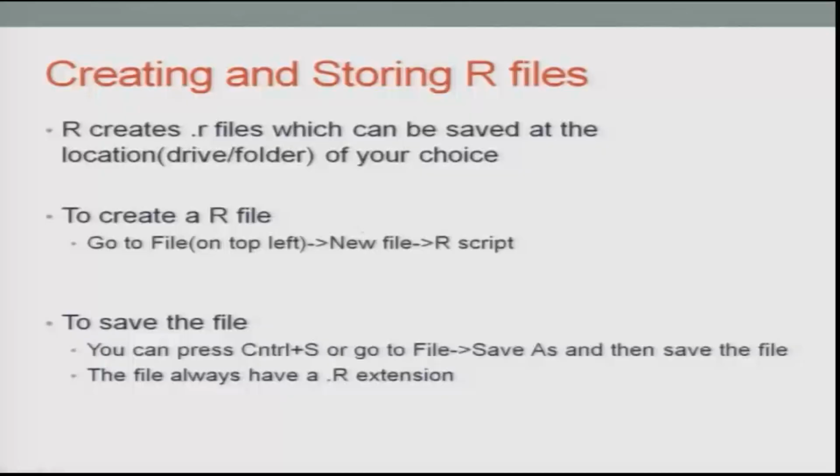So, it creates .r files in R which can be saved at the location or drive specified by you. To create an R file, you go into File, a new file is created and the R script can be opened. To save the file, you press Ctrl S as you do in general, or you can go to the menu, follow the procedure, and save it in the directory which has been specified for you.